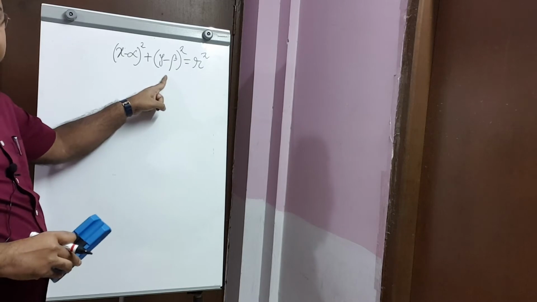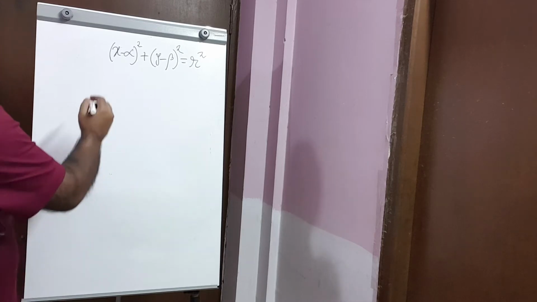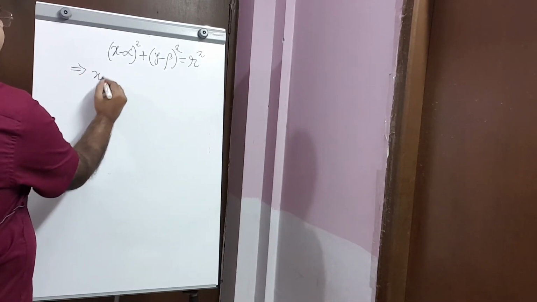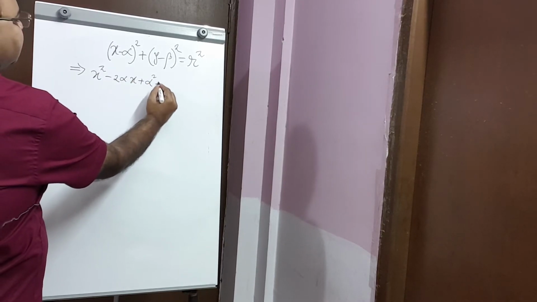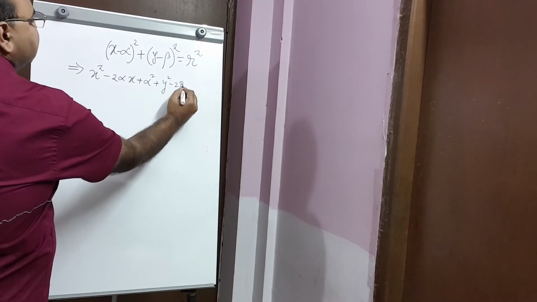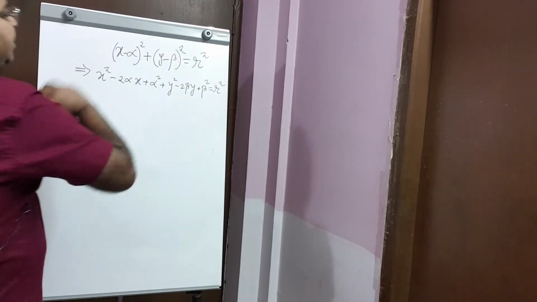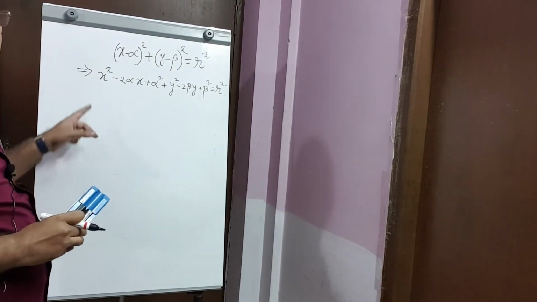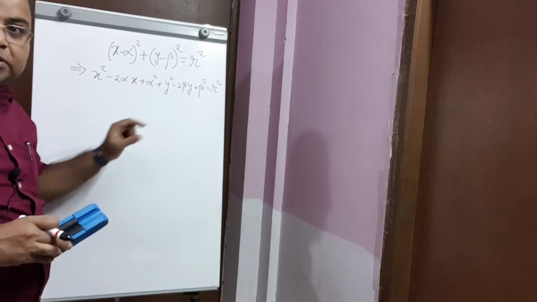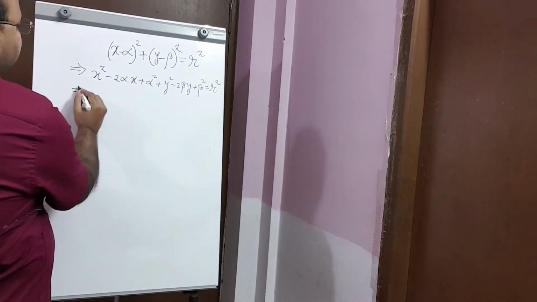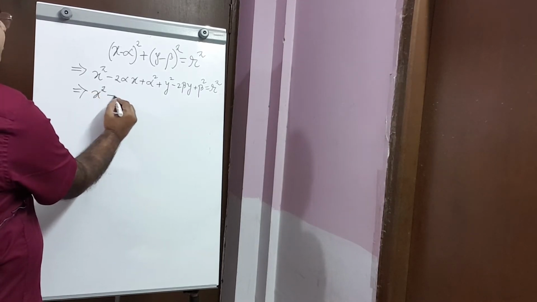If I apply the binomial expansions now for (x minus alpha) whole square and (y minus beta) whole square, we have x square minus twice alpha x plus alpha square, then plus y square minus twice beta y plus beta square is equal to r square. Now if I rearrange some terms, first let us arrange the quadratic terms, x square plus y square.